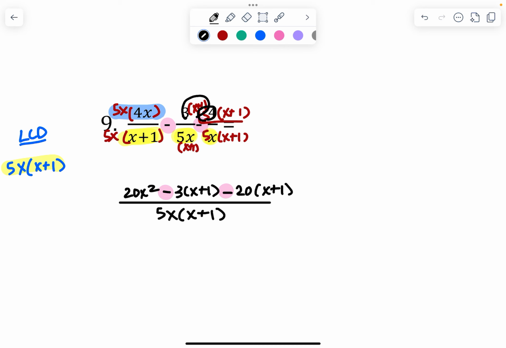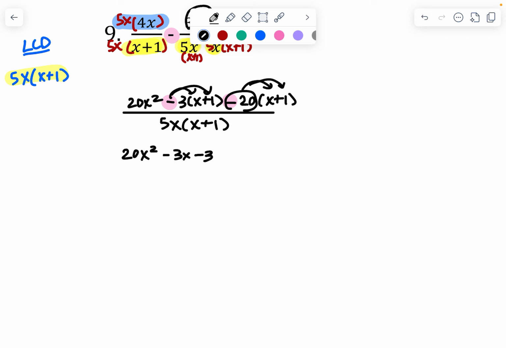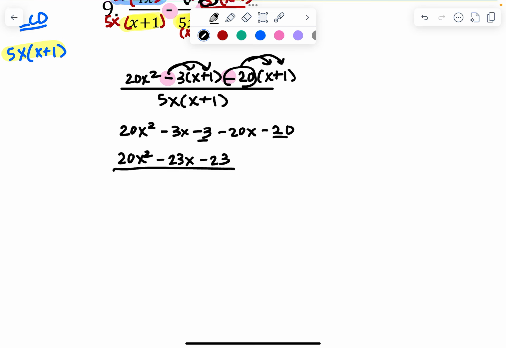So now we just need to clean all this up, distributing a -3. I would get a -3x minus 3. Distributing a -20, I would get -20x minus 20. And so 20x squared, -3 and -20 is -23x. -3 and -20 is -23. I believe that is not factorable. So bring back your denominator, and you are done.